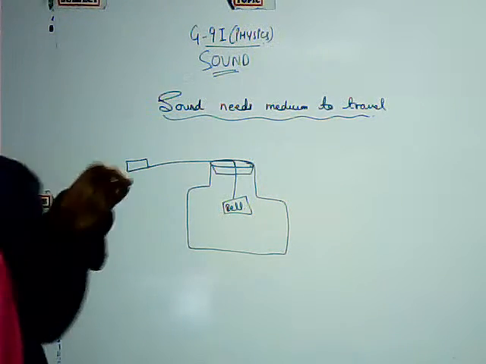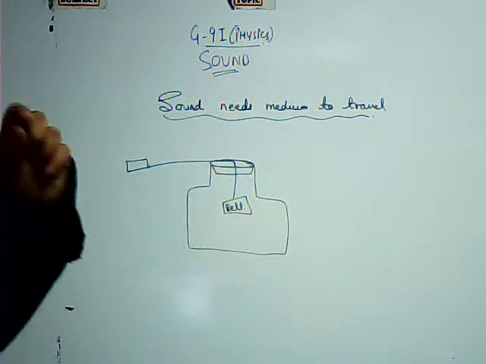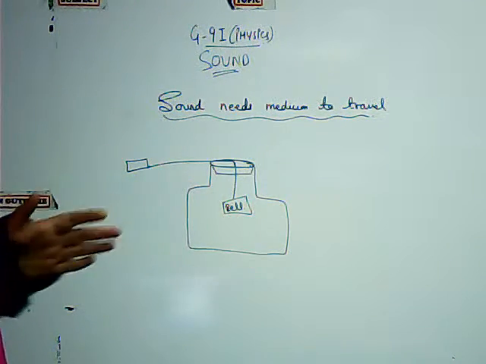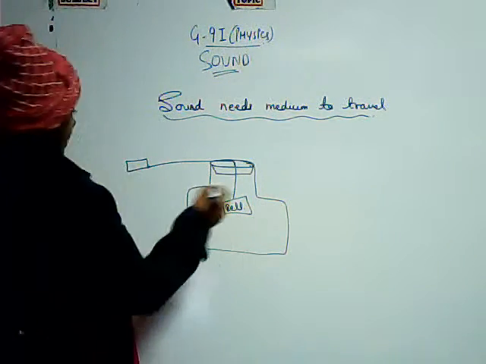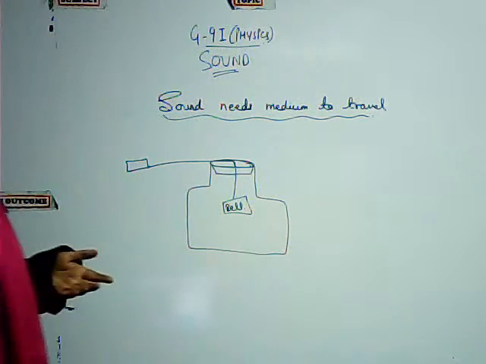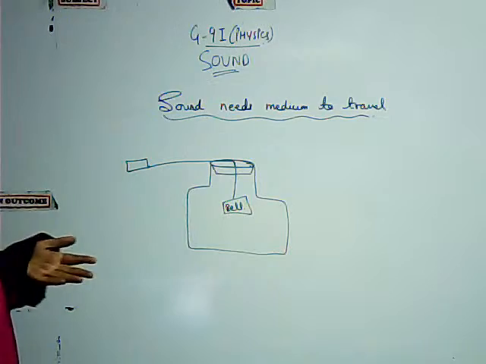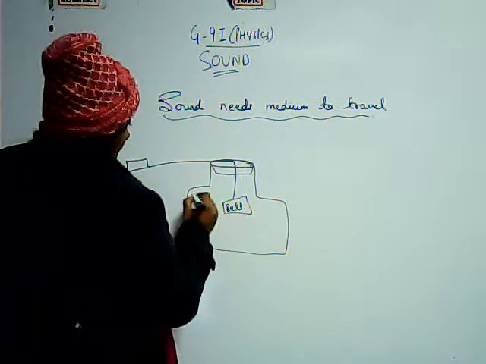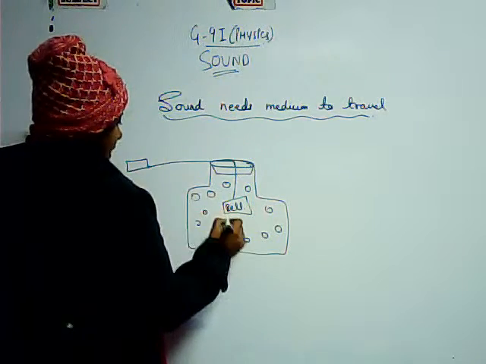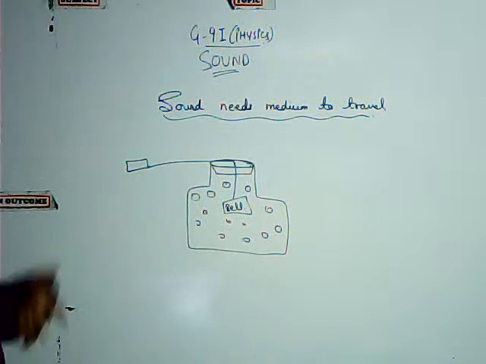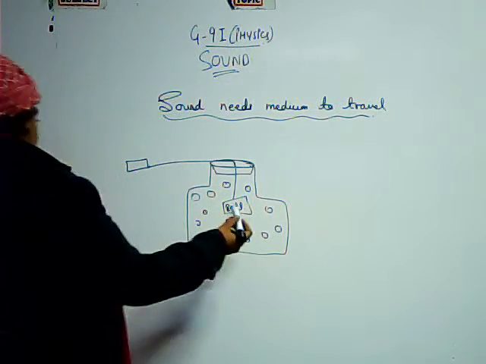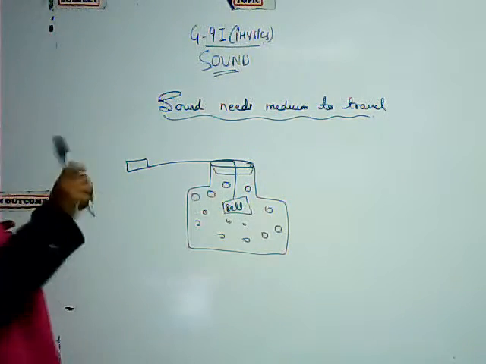The bell will ring. You are able to hear it. The voice will be slower, because we have closed it. So maybe the level reduces, but still you will be able to hear it. The reason behind it: in this jar, there is a bell and what else? There is air inside. Fine, there is air, right? Air means you have a lot of molecules. Maybe they are not so close to one another, but there are molecules. So when the bell rings, the bell vibrates. You know about that hammer?